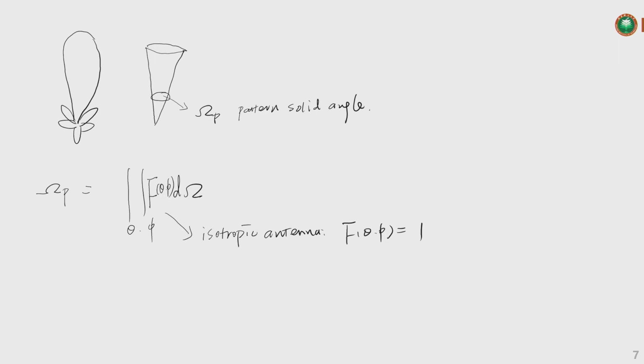But if it's a directional antenna, then F(theta, phi) has its own distributions, and then the pattern solid angle should be expressed by this equation. And so this is the beam pattern.